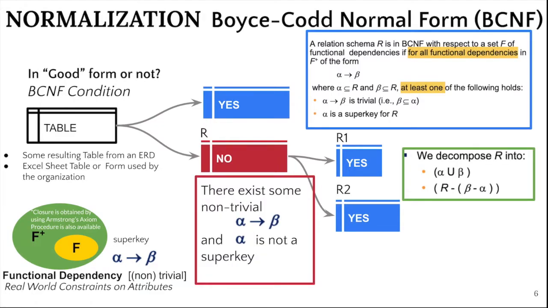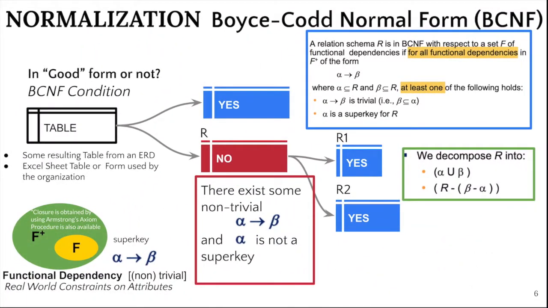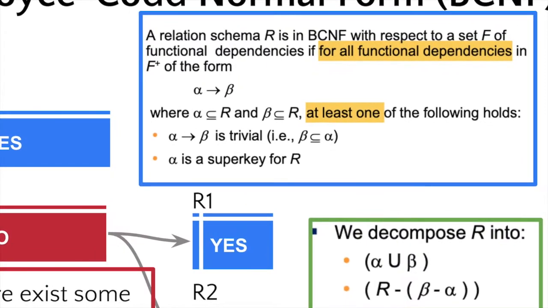So, if we convert this idea into a set of conditions na sinasabi ni Boyce-Codd, ang idea niya ng good form ay yung conditions na to. So, the table, which could come from the resulting table from an ERD or some Excel sheet table or form used by the organization, is in Boyce-Codd normal form, or in good form, sabi ni Boyce-Codd, if this is true.